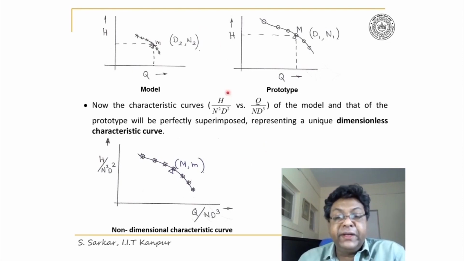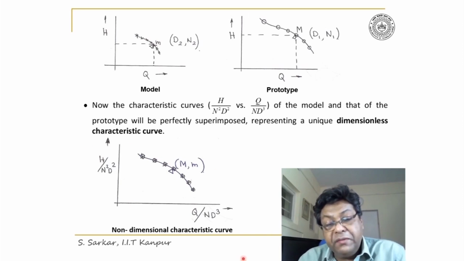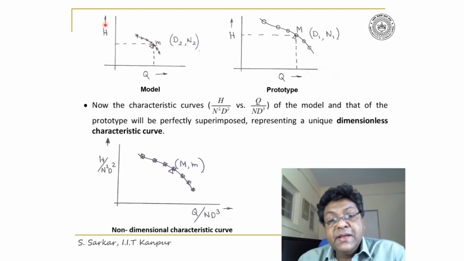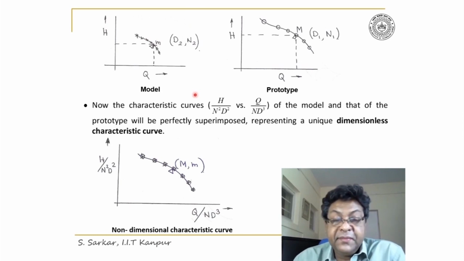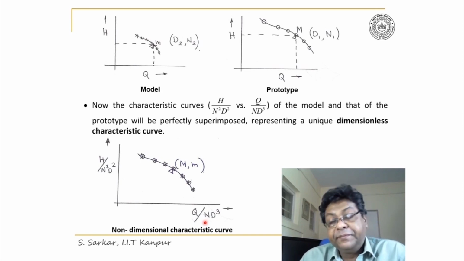This is the representation of dynamic similarity. And further, the utility of this non-dimensional curve is, suppose I develop the model and test the model and produce result in xi phi form, that is non-dimensional form, then that non-dimensional characteristics would also be valid for the prototype.